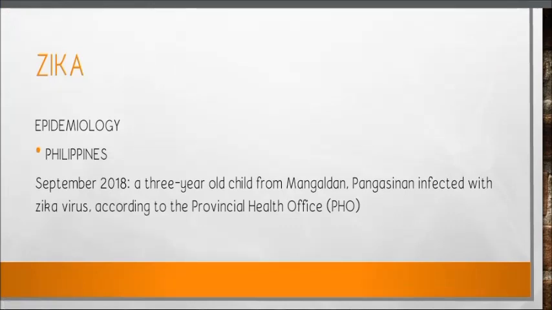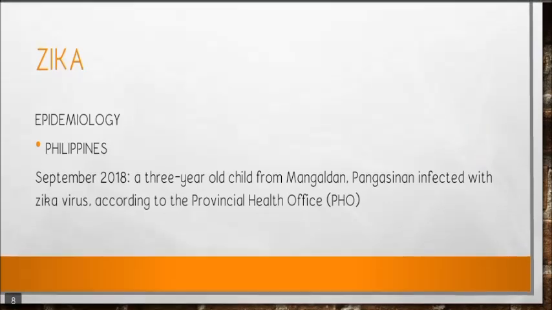Then, in September 2018, there was current news that a 3-year-old child from Mangaldan, Pangasinan, was infected with Zika virus, according to the Provincial Health Office of Pangasinan. But because of the treatment and prevention, the child was treated.